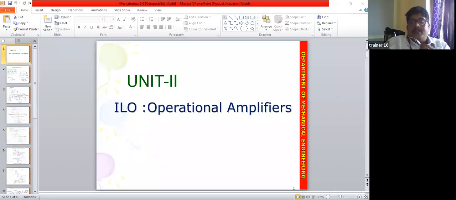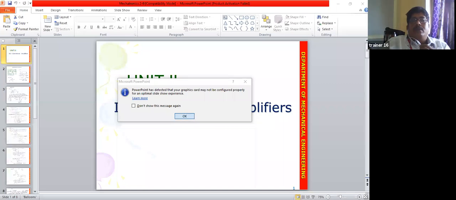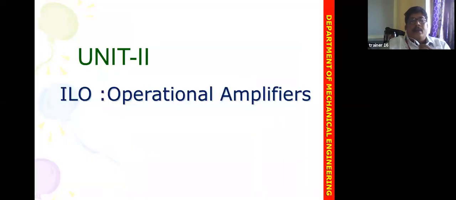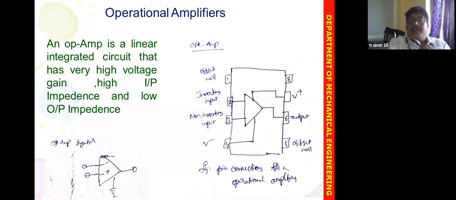In the next class, we will discuss operational amplifiers. An op-amp consists of 2 dozen transistors, 1 dozen resistors, and 1 or 2 capacitors. It has 8 pins: inverting input and non-inverting input, negative and positive voltage supply, 2 offset null, and output.